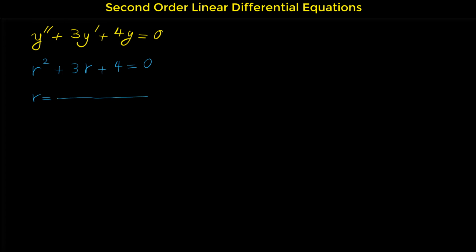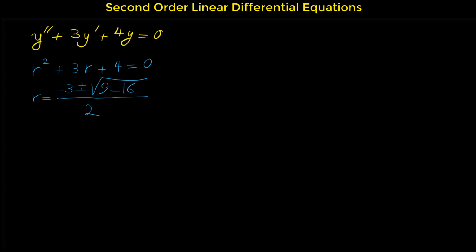Negative b, so negative 3, plus or minus the square root of b squared, which is 9, minus 4ac. 4 times 1 times 4 is 16. So minus 16, over 2a. a is 1, so 2a is 2 times 1, which is 2.